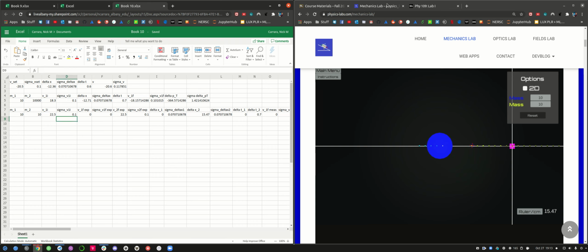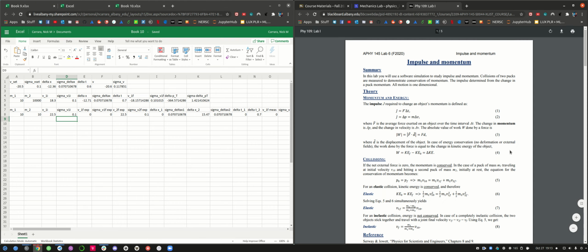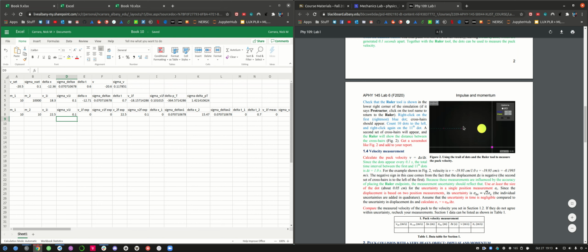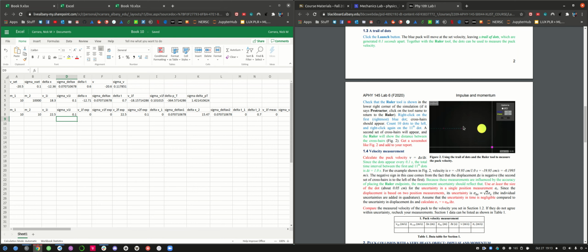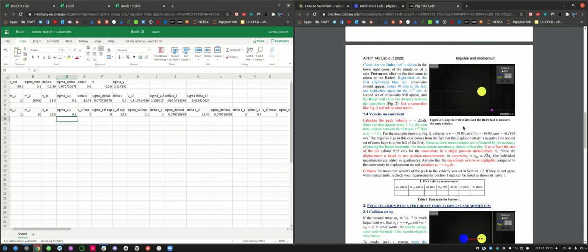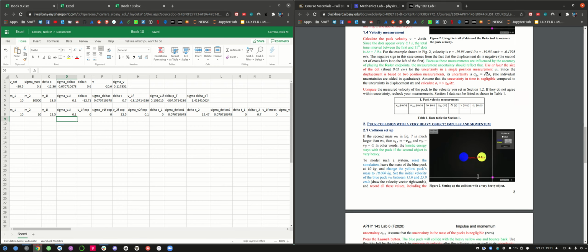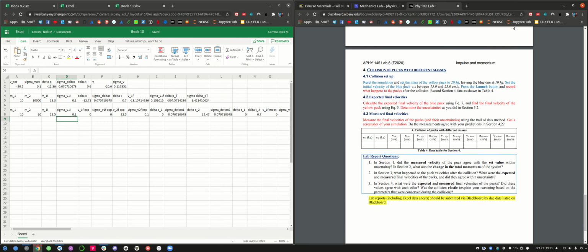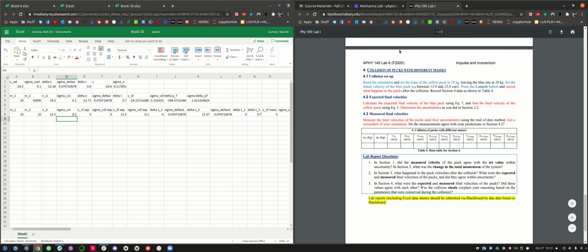So that's that. And finally, when we do the last part here, we want to basically do the same thing. We're going to set the yellow one to 20 and leave the blue one at 10.